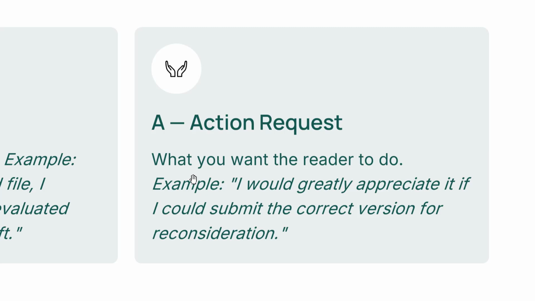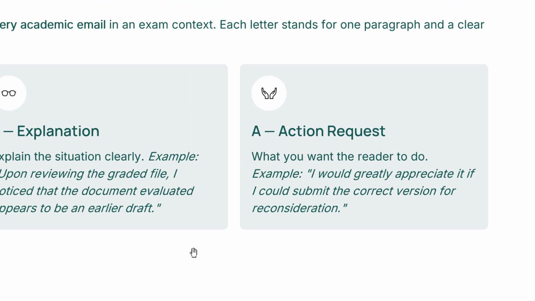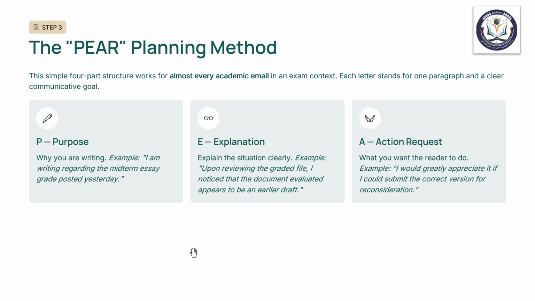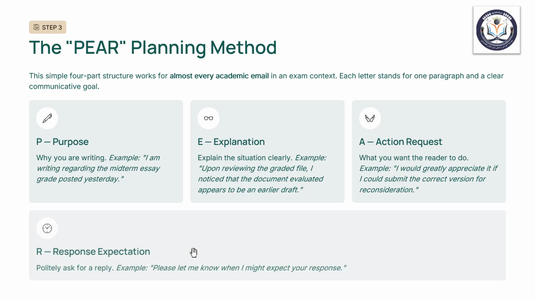As an example, we can request a specific action like this: I would greatly appreciate it if I could submit the correct version for reconsideration. So this is the action request. We use specific wording to show this. It is the third important part of PEER. A stands for the action request, and R is the response expectation.